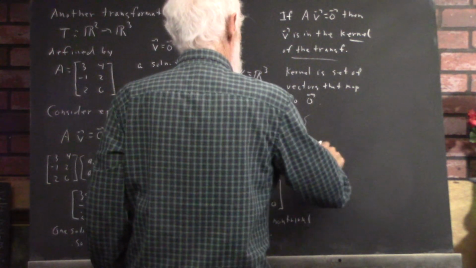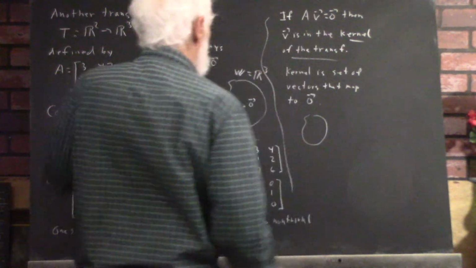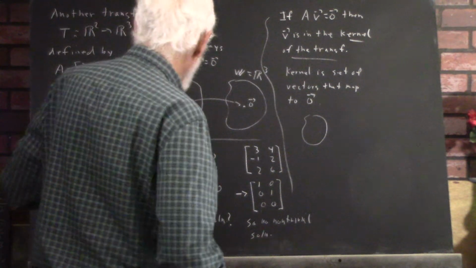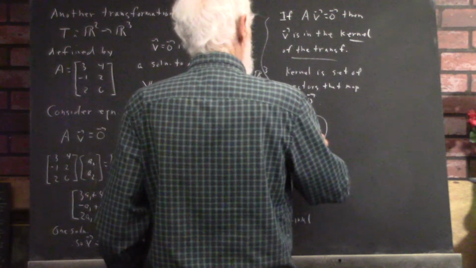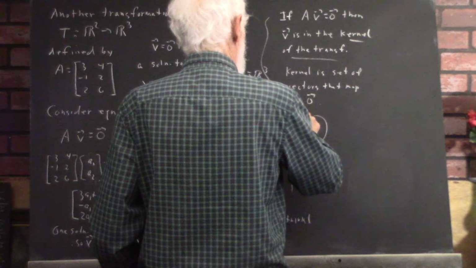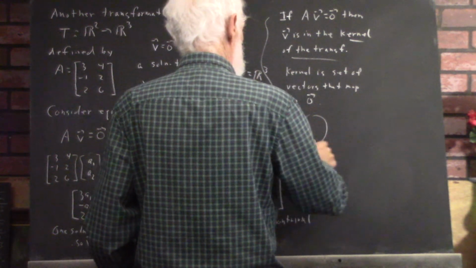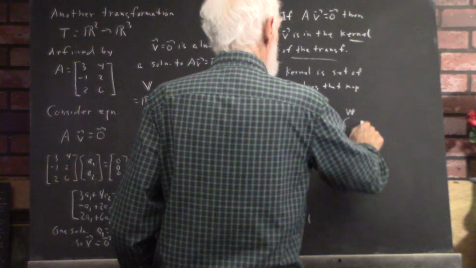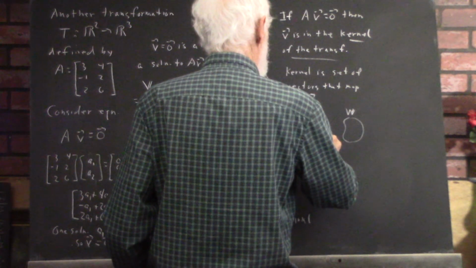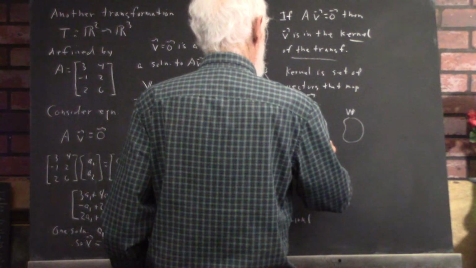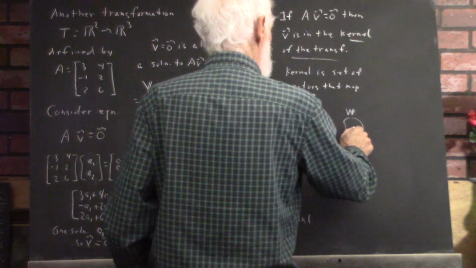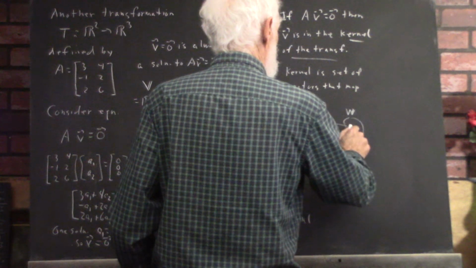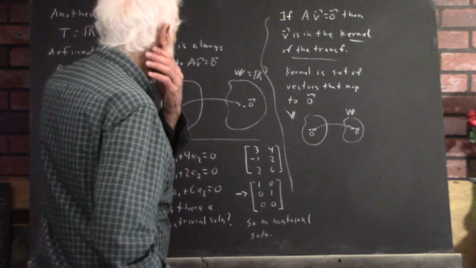So in general, then, we're no longer talking about this example, but in general, you have your vector space V, and these can be any vector spaces now, and your vector space W, and you have the 0 vector here, and you have the 0 vector of W, and one maps to the other.